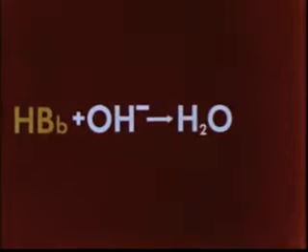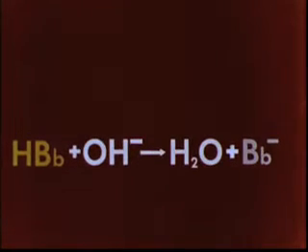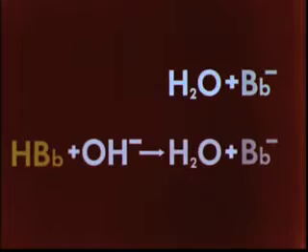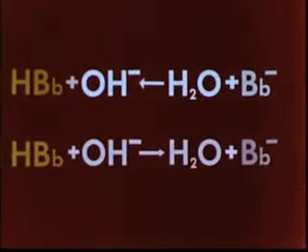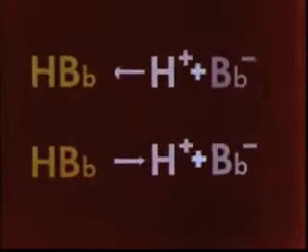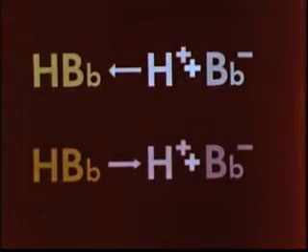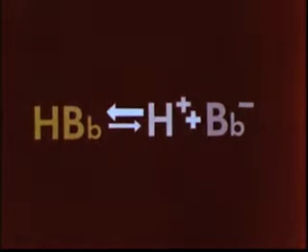Acting as an acid, bromethymol blue donates a proton to a base like hydroxide ion, giving water and the blue basic form. Similarly, the blue form, acting as a base, can accept a proton to give the yellow form again. If we consider only loss and gain of a proton by the indicator, we get these simpler equations. We can combine these to give a single equation showing proton transfer to and from the bromethymol blue.